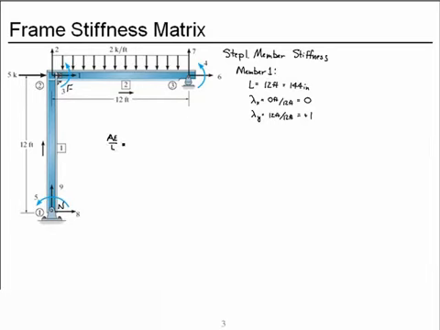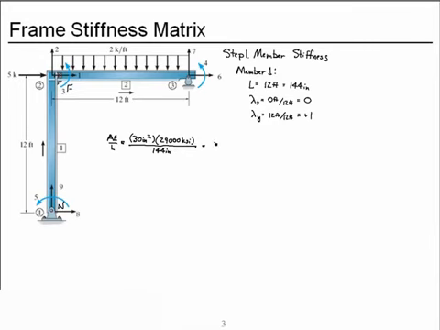AE over L. Well, A for each of our frame members is 30 square inches. E is the modulus of elasticity for steel, in this case, 29,000 ksi. And the length, we said, is 144 inches.